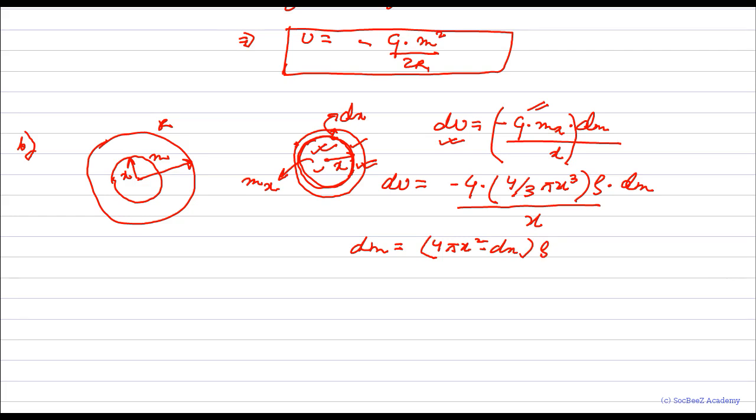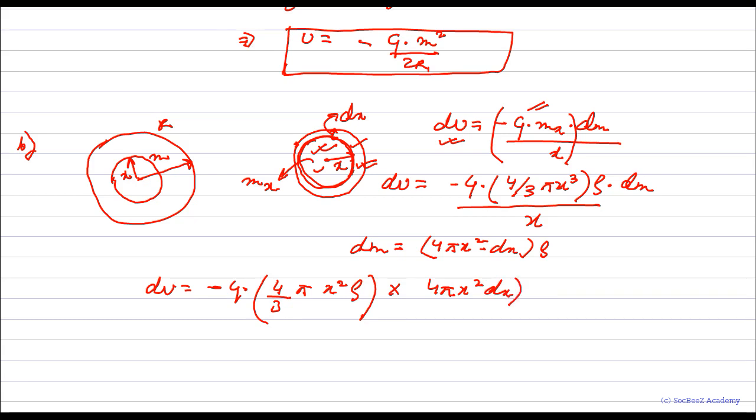So dU becomes minus G into 4/3 pi x cube into rho, into 4 pi x square dx into rho, divided by x. So this is the small potential energy interaction.